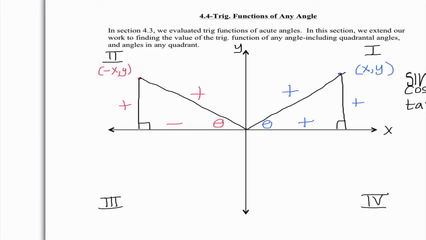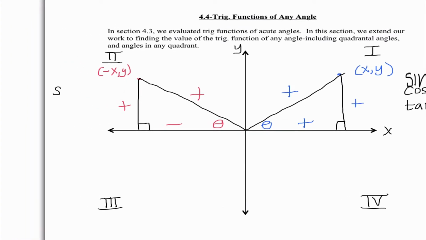So if we take a look, this time, for sine, cosine, and tangent, I notice that sine, opposite over hypotenuse, is a positive over a positive, which means it has to be greater than 0.